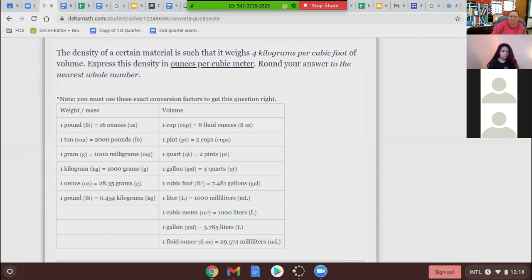All right, so now we have ounces, right? So now we need cubic feet. No, okay, we have cubic feet, we need to go to cubic meters. I'm looking at what your options are there.